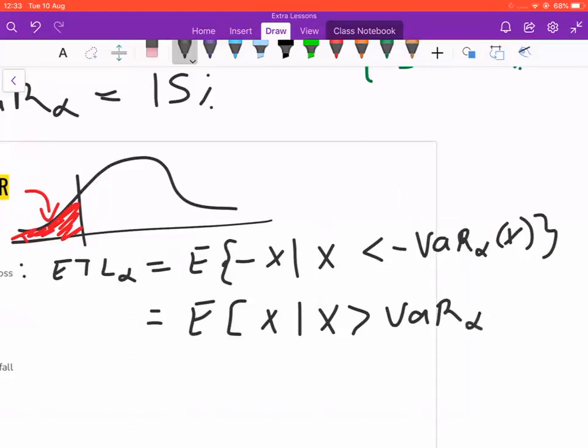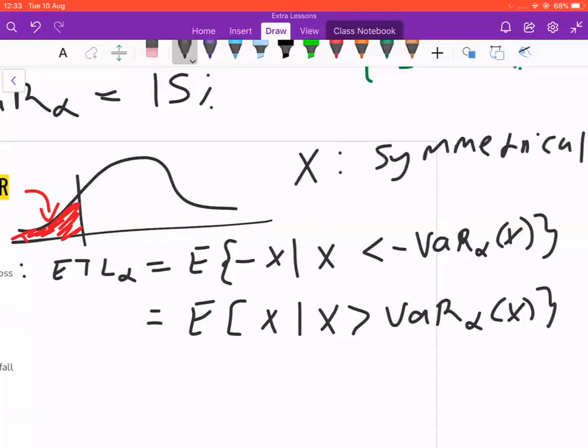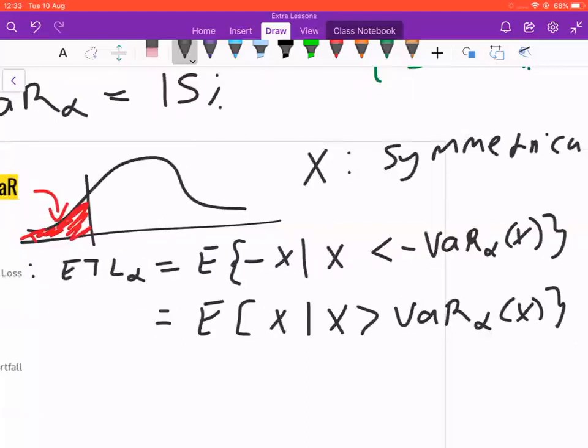These are the same thing if X is symmetrical, such as normal. They have just switched to the other side. This area is the same as this area.